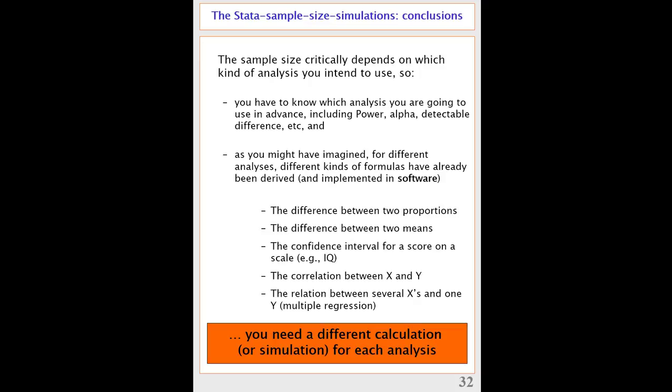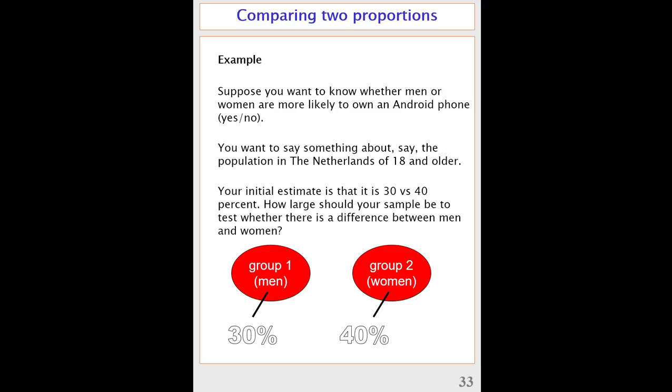For instance, if you're interested in the difference between two proportions, the difference between two means, the confidence interval for a score, the relation between x and y, the relation between several x's and one y, all these work in the same way, but all require a new do file with a new simulation run, trying to figure out what the actual sample size is. So the strong point of this, that you can do it all yourself, is also the disadvantage. You have to do it yourself separately for all these things, because it won't work automatically.